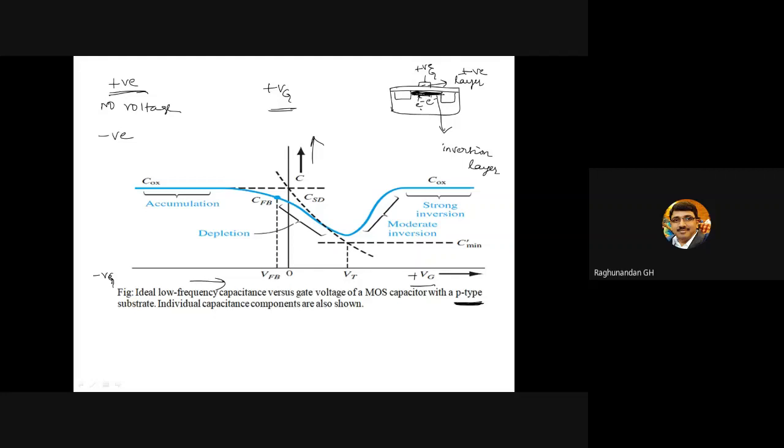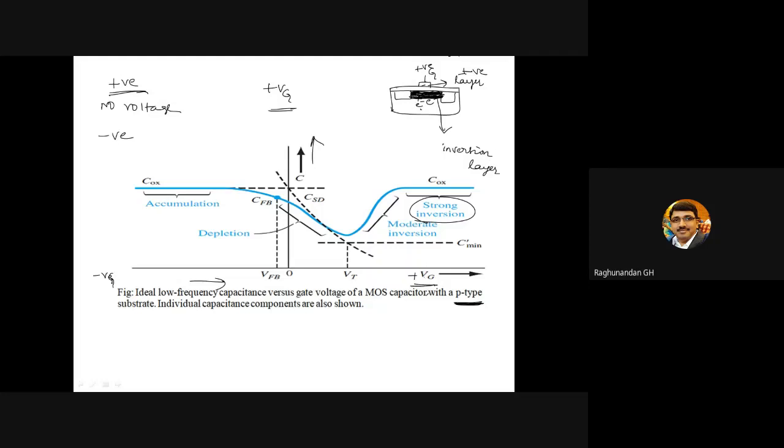Inversion means what? Opposite. Positive here, it is negative here. So because of the application of positive gate voltage, a strong inversion layer is obtained. Strong inversion layer means a thick layer of N-type material is obtained. That N-type material is known as inversion layer.